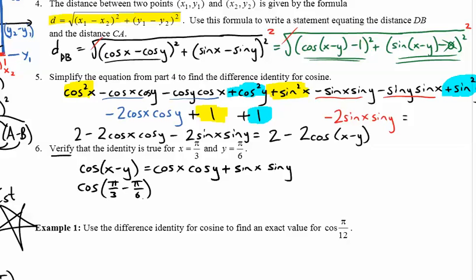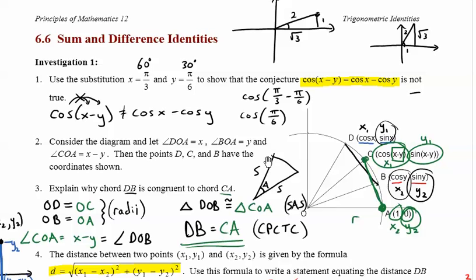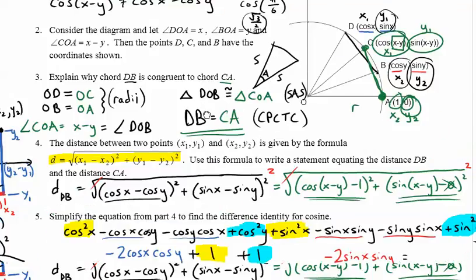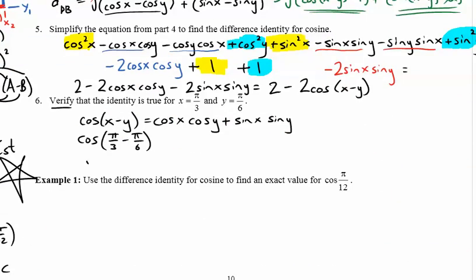Now in the beginning we saw that cosine of pi over 3 minus pi over 6 was the same as cosine pi over 6, which was root 3 over 2. So root 3 over 2. Now we want to check that the right-hand side is the same. So let's plug in pi over 3 for the x angle, and pi over 6 for the y.